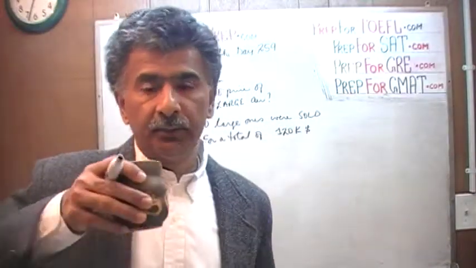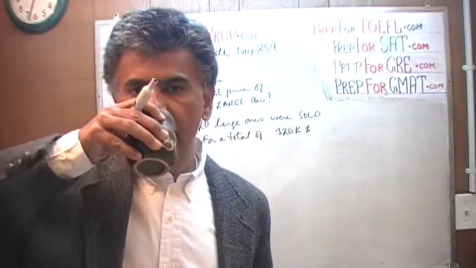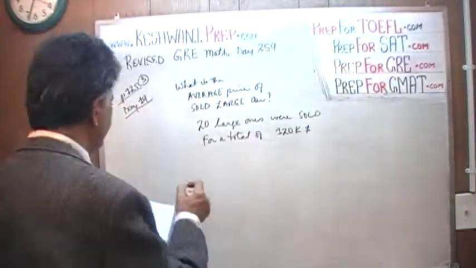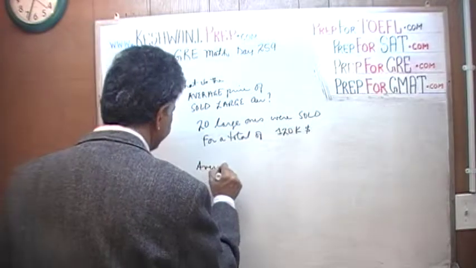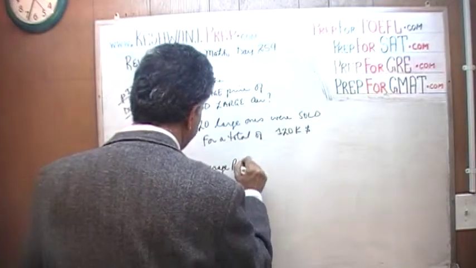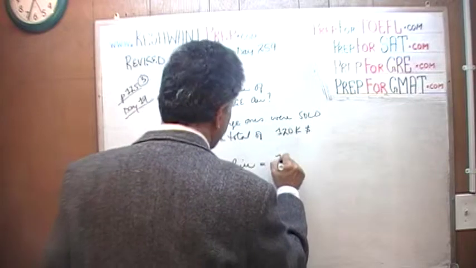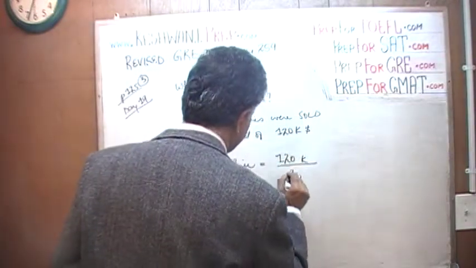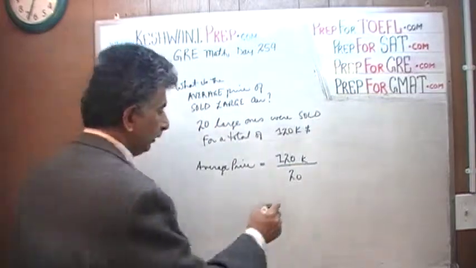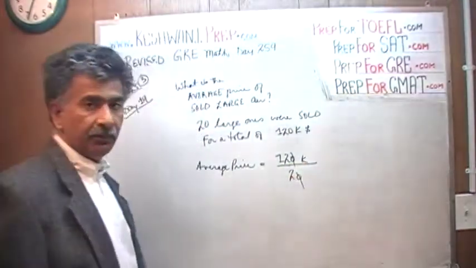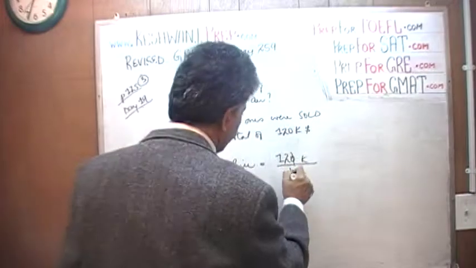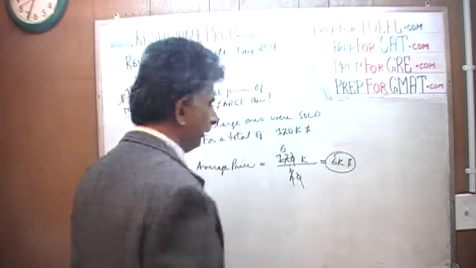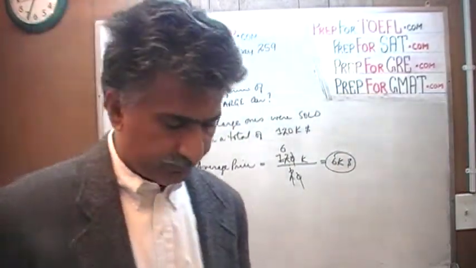They actually got $120,000 for these cars. And there are 20 of them. So the average price is very straightforward. It's simply 120K over 20, because there are 20 of those sold. The 0 drops out if you divide top and bottom by 10, divide top and bottom by 2, and 12 becomes 6. That's it, 6K. The average price was $6,000.